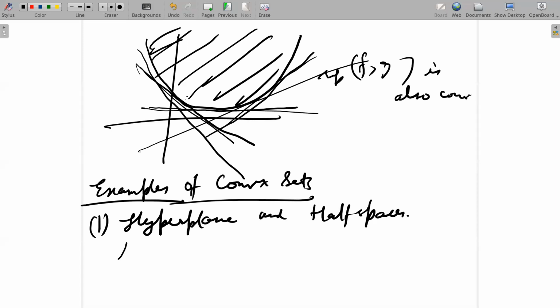So what is a hyperplane? It is in fact an affine set, and we have seen affine sets are convex. So a hyperplane is the solution of one linear equation.